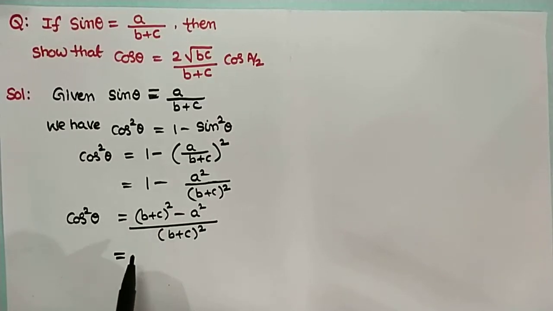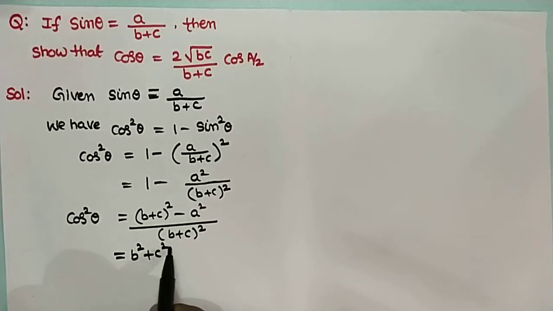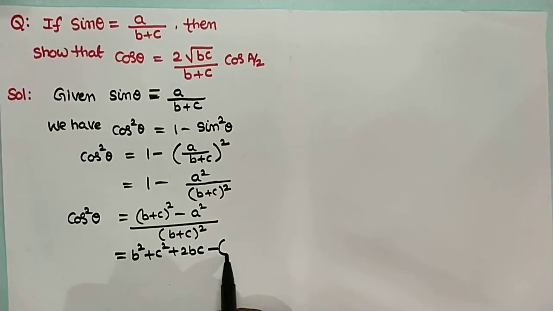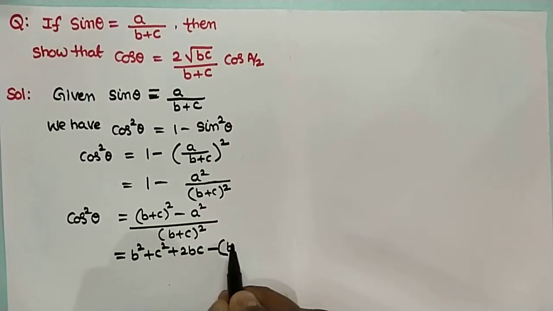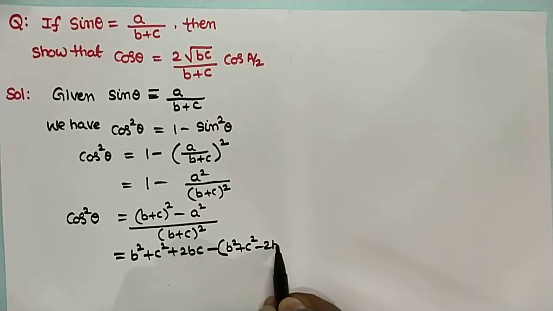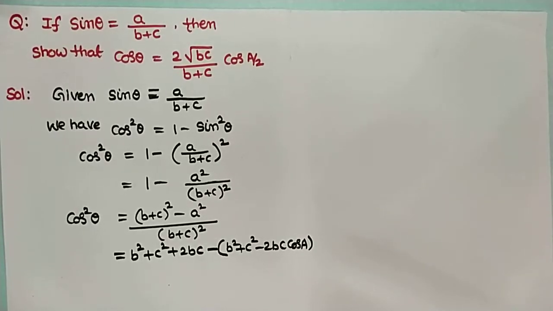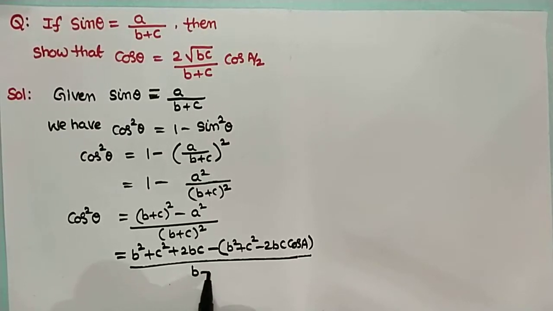So b plus c whole square is b square plus c square plus 2bc minus, in place of a square we have the formula b square plus c square minus 2bc cos a. This is the formula for small a square from the cosine rule, divided by b plus c whole square.